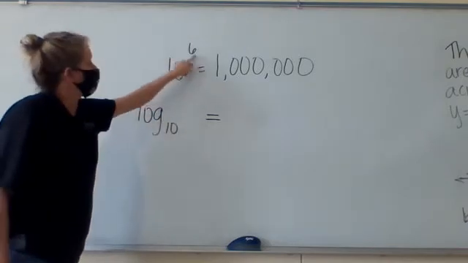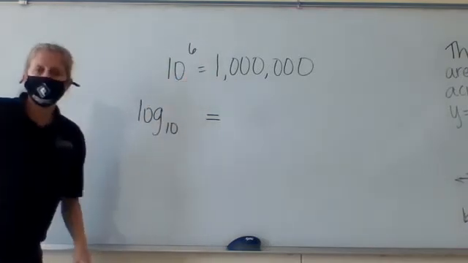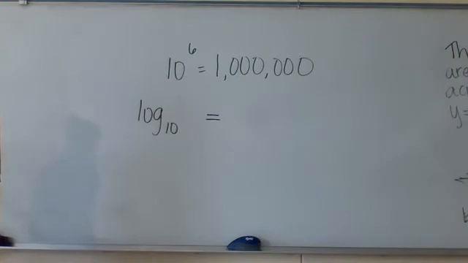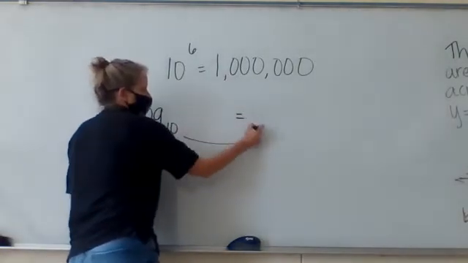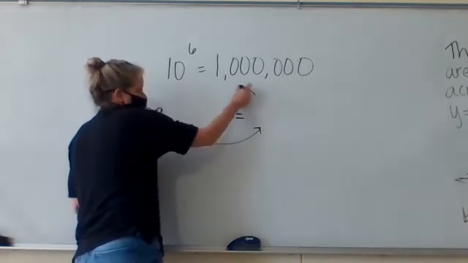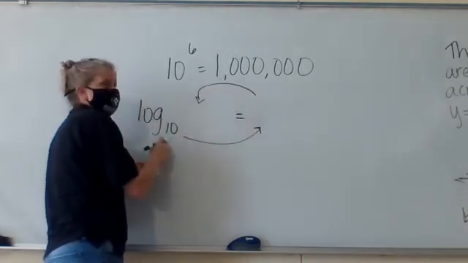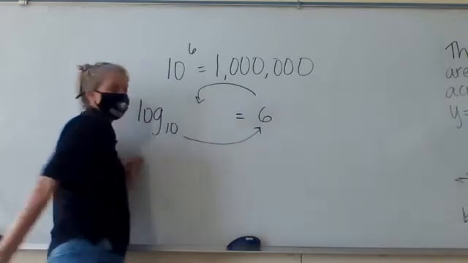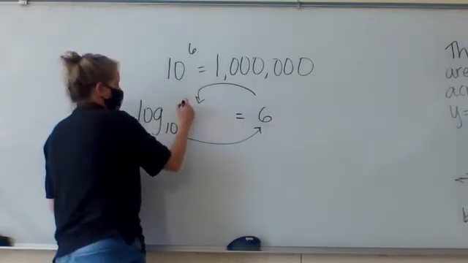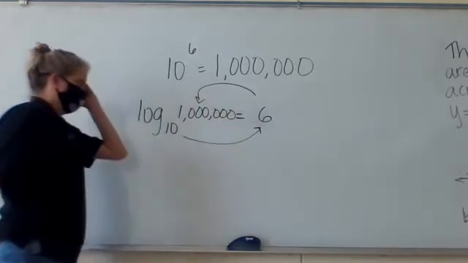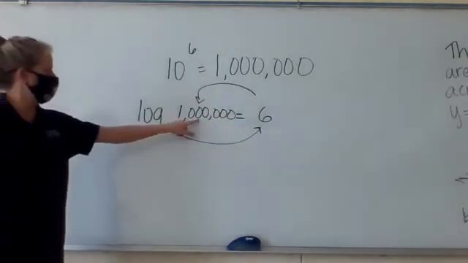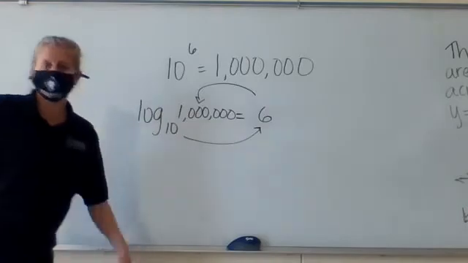So where do the 6 and the 1 million need to go? I need 10 to be raised to this power to equal that number. So 10 needs to be raised to the 6th power to equal 1 million. So log base 10 of 1 million equals 6.